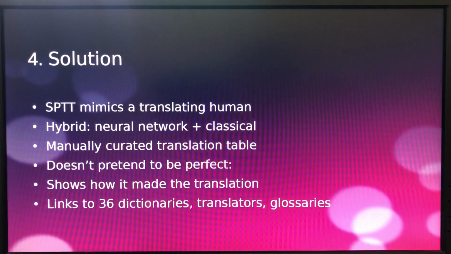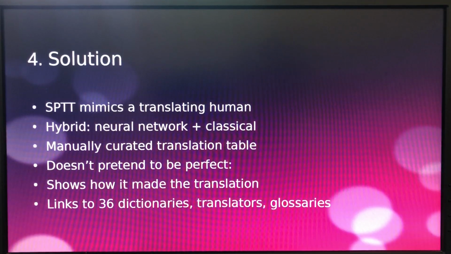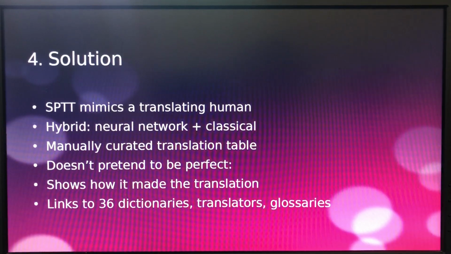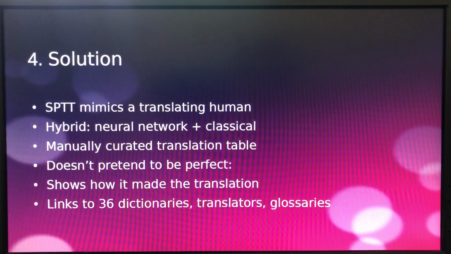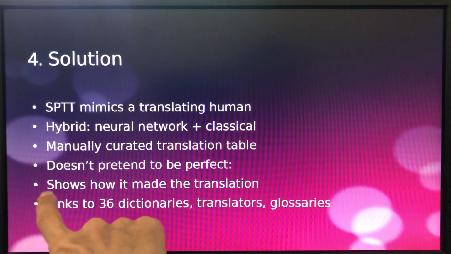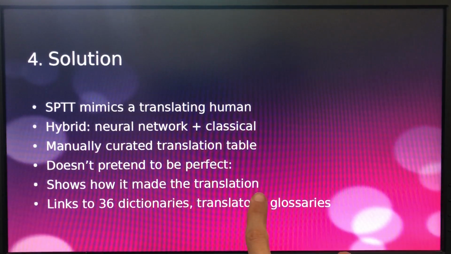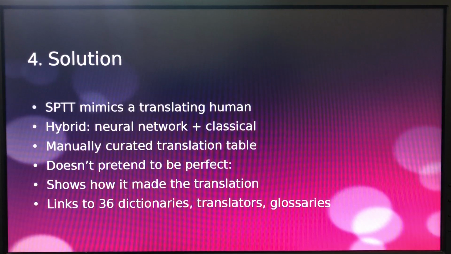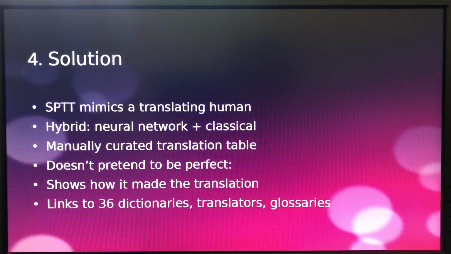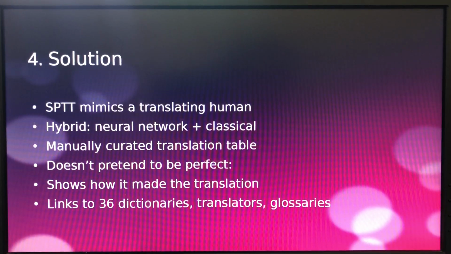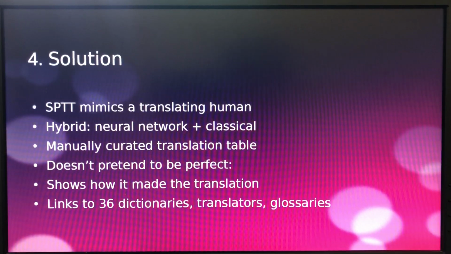It gives you control over the translation because it understands that you may want to correct it afterwards, right? So it shows you how it made the translation, and if you decided some phrase translation was a failure, then you have a selection of 36 dictionaries, translators, and glossaries to look it up manually.